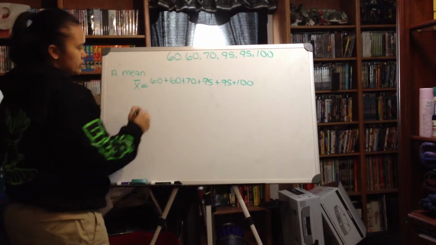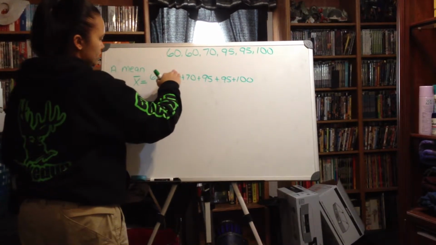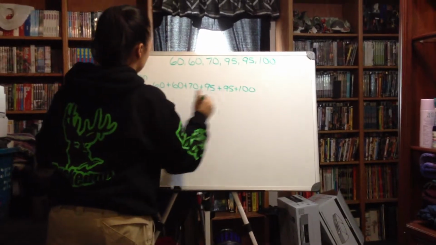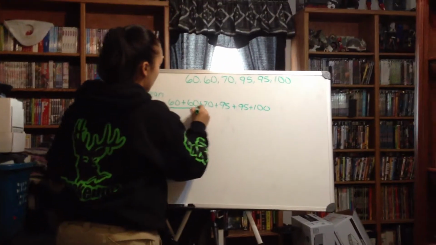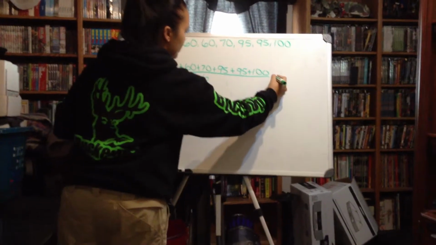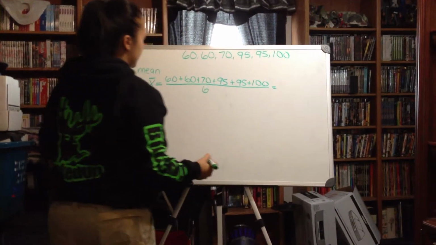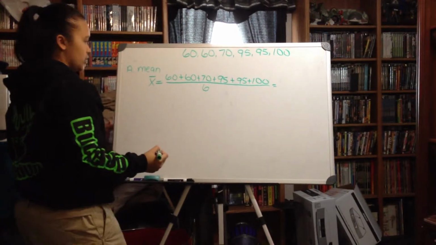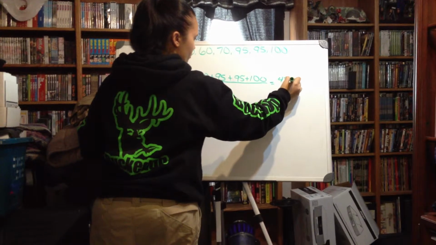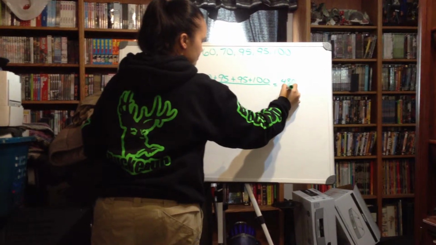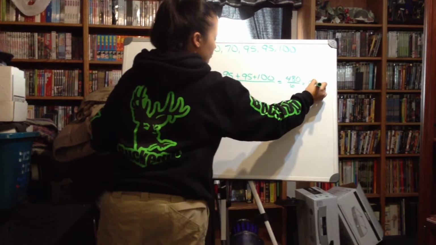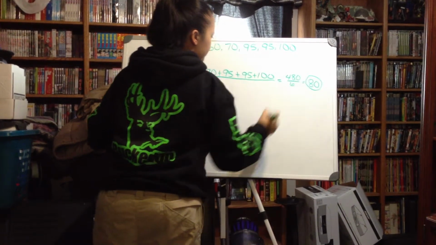So how many numbers is this? 1, 2, 3, 4, 5, 6. All over 6. What does that equal to? 480 over 6 equals 80. That is the answer.